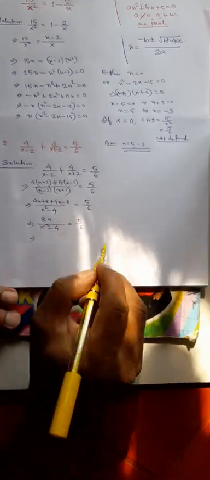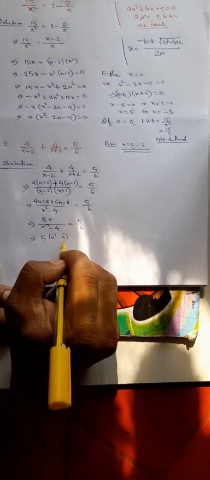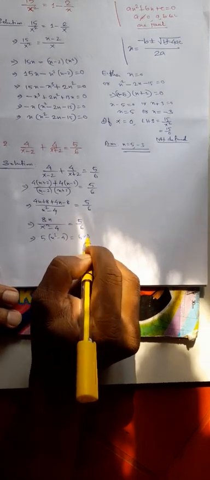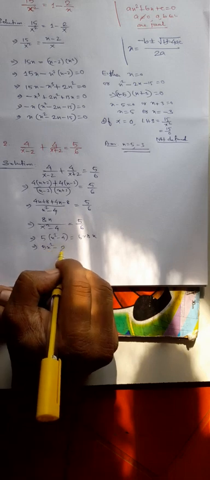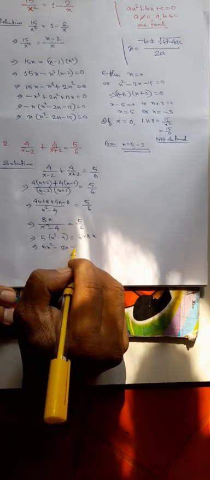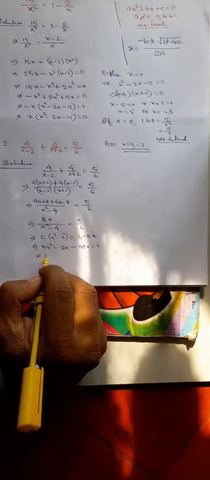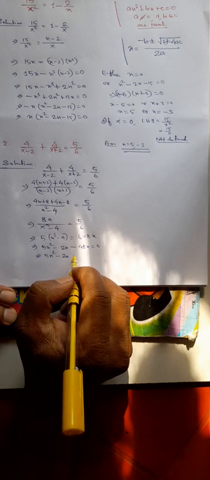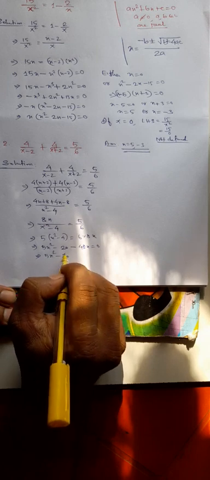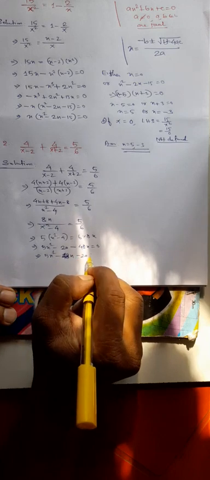Now you cross multiply this. 5 into x square minus 4 equal to 6 into 8x. This becomes 5x square minus 20 minus 48x equal to 0. This becomes 5x square minus 48x minus 20 equal to 0.